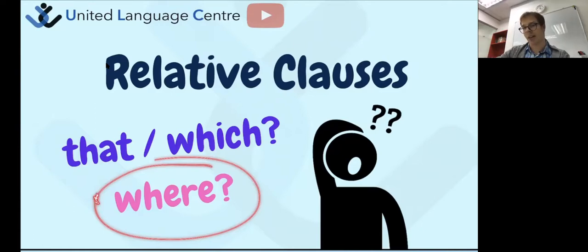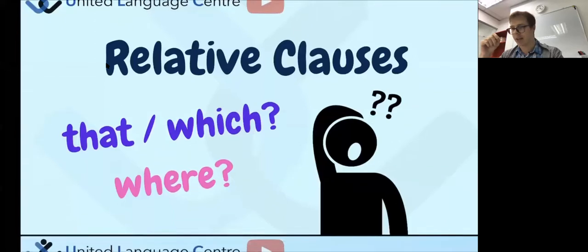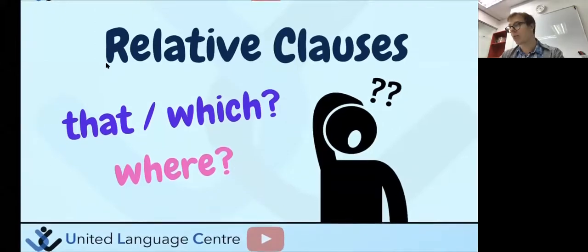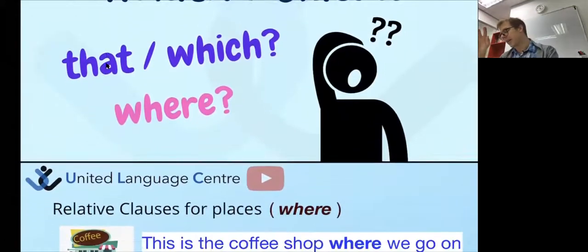The cafe where I, the school where I, the shopping mall where I bought this jacket. What I want to help you with is when we use where and when where is not the correct choice in English grammar.